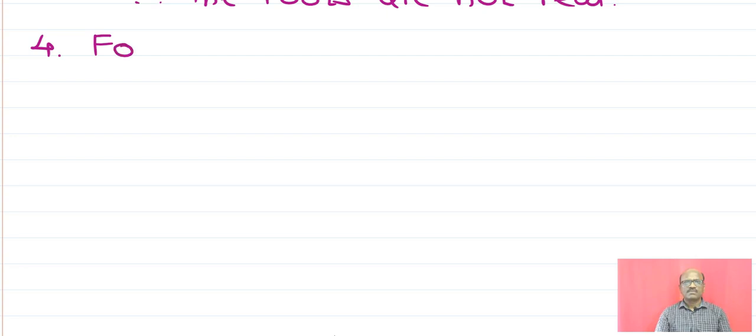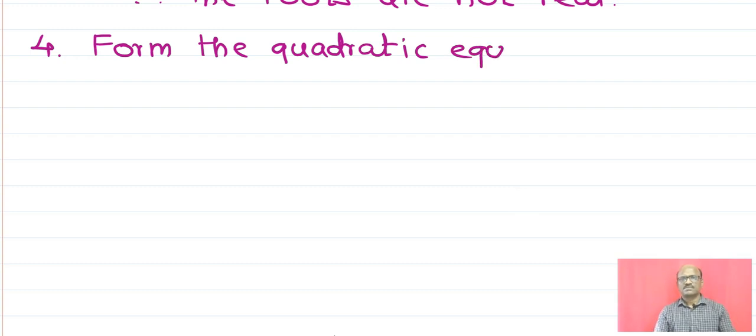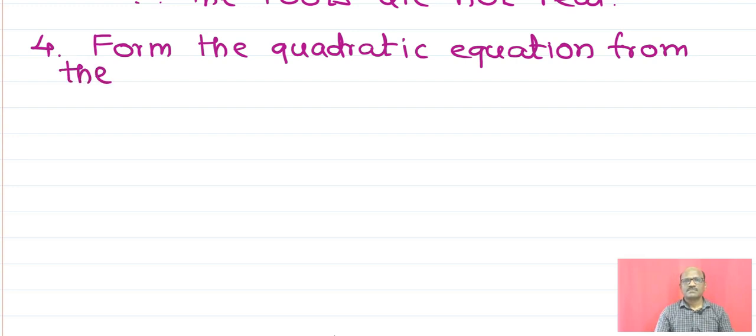Therefore, now form the quadratic equation from the roots given below.